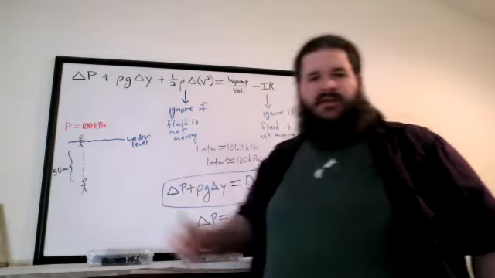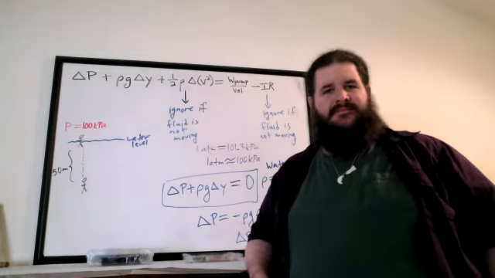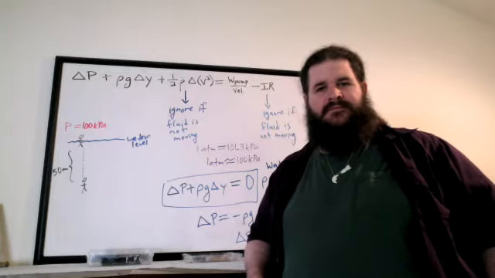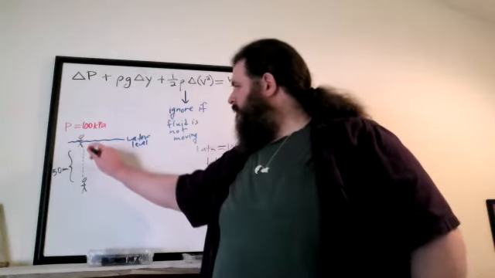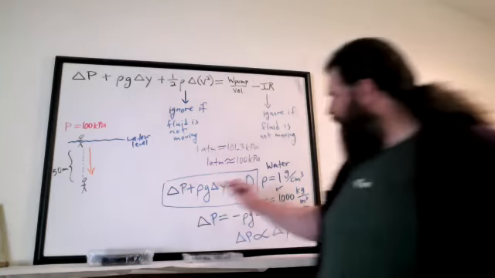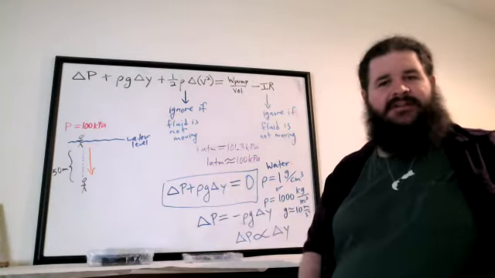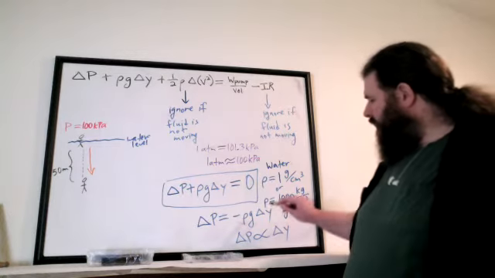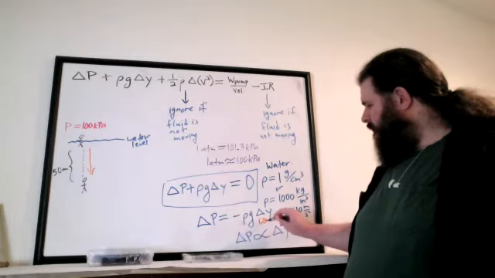Dive down 50 meters, how much more pressure do you get? If you're losing 50 meters of height, then you're going to be gaining how much pressure? Yeah, 500 kilopascals. Because delta Y is 50 meters.